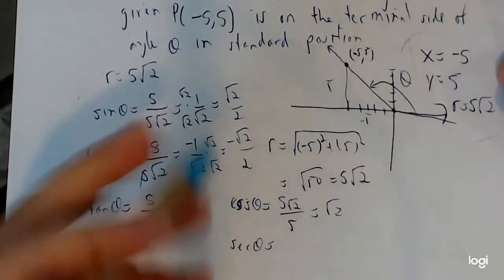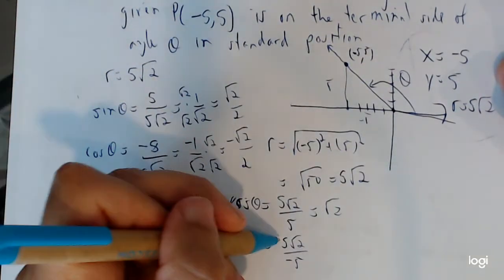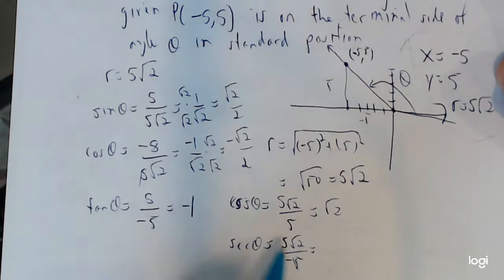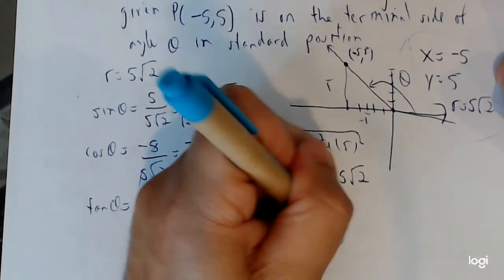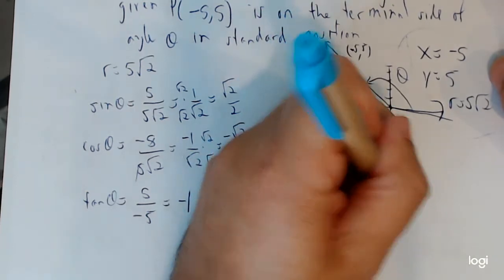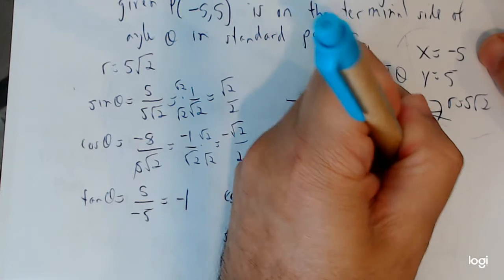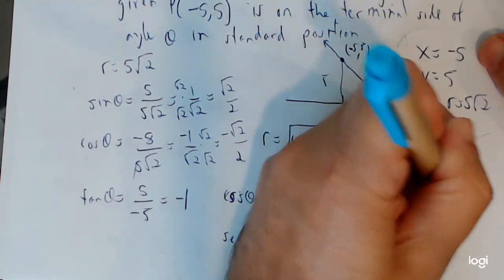We know that r is 5 rad 2 and x is negative 5, which once again the 5's cancel out, and I'm left with rad 2 over negative 1, which is just negative rad 2. And lastly, we have cotangent of theta, which is x over y. So x was negative 5 over 5, which is negative 1.